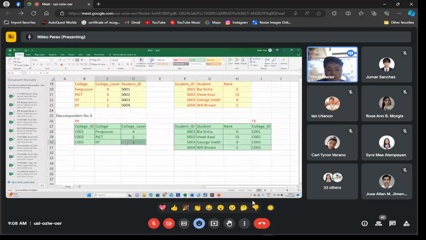If we combine the idea from this table and the ID number linked to the other table, we can craft the entire information: Ria Sinha, enrolled in college C001, Ferguson, college level 4, same with PICT, same with IIT.